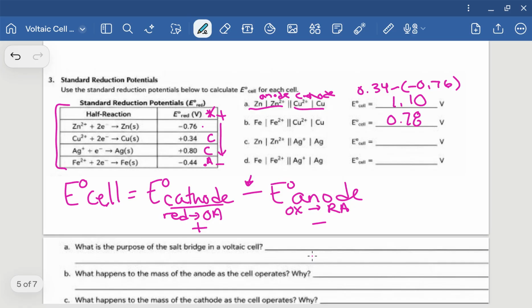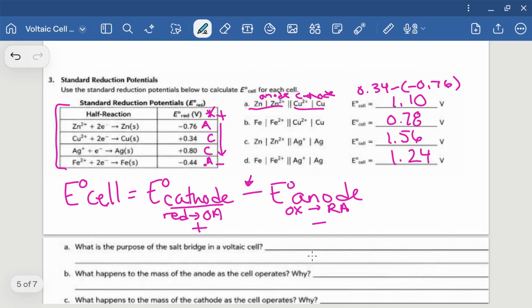That will be your cathode. And zinc will be your anode. So just those values, 0.80 minus negative 0.76, you get 1.56. And then the last one with iron and silver. Iron is going to be your anode, silver is your cathode. So 0.80 minus negative 0.44 give 1.24.